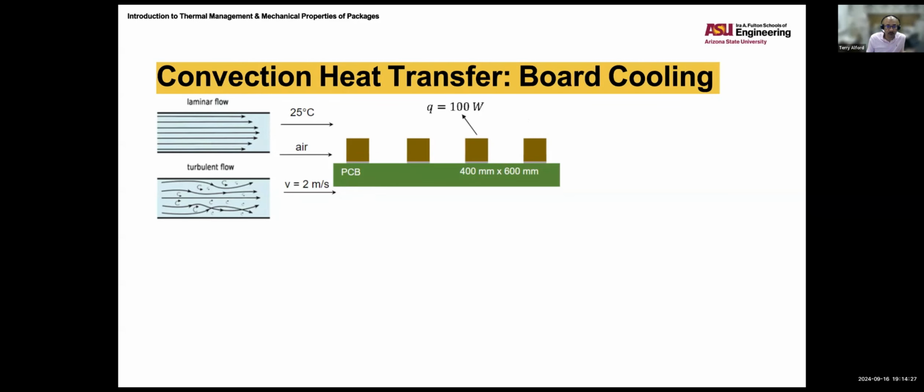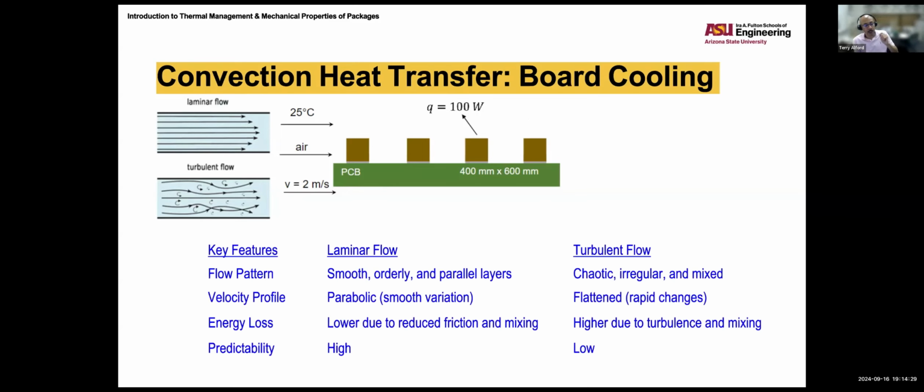Now let's look at laminar flow. It's very smooth, with orderly, parallel layers. Here we have laminar flow, nice and uniform. It's parabolic if I look at the variation in velocity: in the middle, high velocity.